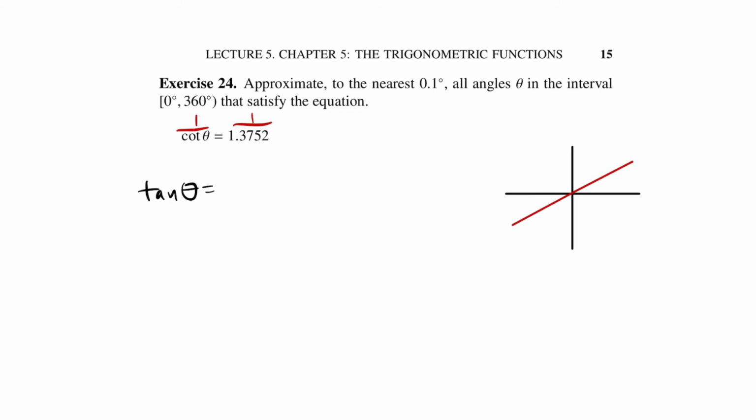Actually, it's kind of an ugly long decimal, so I'm just going to leave it the way it is. You can just leave it that way. You could write out the decimal if you want, but it's just a lot of digits, so I'd prefer to just leave it this way. All right, then we do the inverse tangent of both sides like we did previously. Inverse tan of both sides in order to get theta isolated.